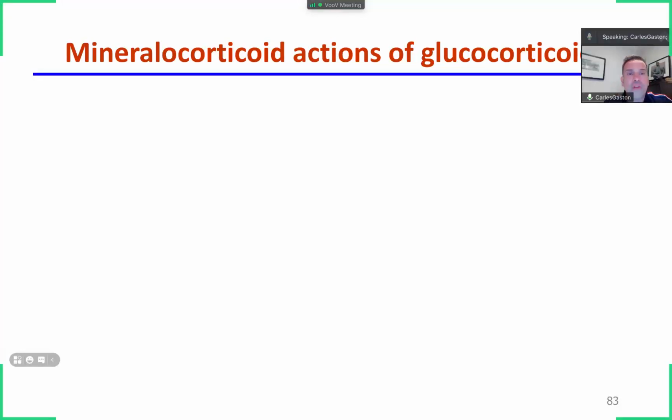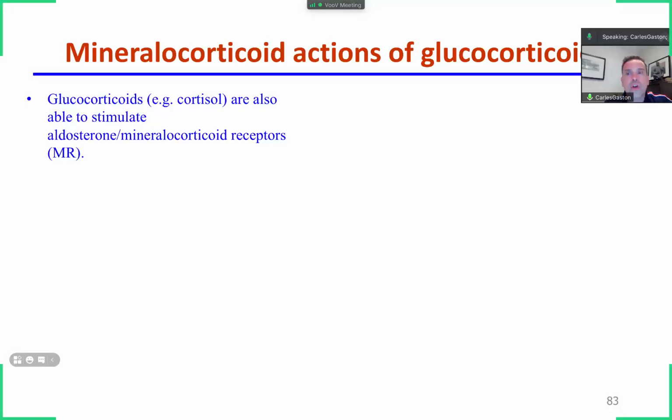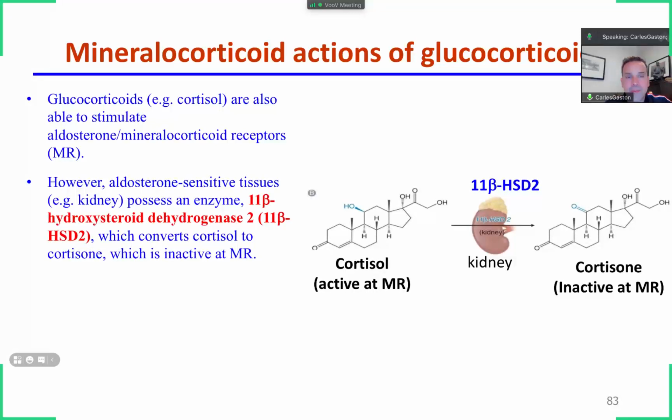Mineralocorticoid actions of glucocorticoids. Glucocorticoids, cortisol, are also able to stimulate aldosterone and mineralocorticoid receptors, MR. Okay? However, aldosterone-sensitive tissues, which are in the kidney, possess the enzyme 11 beta hydroxysteroid dehydrogenase, or 11 beta HSD2, which is the one that we studied yesterday.